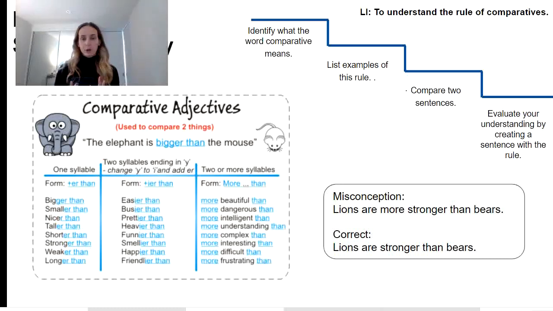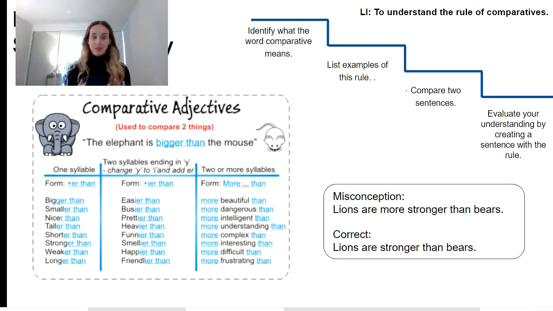Now, before you go off and do that, I do want to go back to this image, how it's saying that when there are 2 or more syllables in a word, we actually don't add er and we use the word more. So beautiful, beautiful has 3 syllables, and we don't say beautifuler, we say more beautiful.